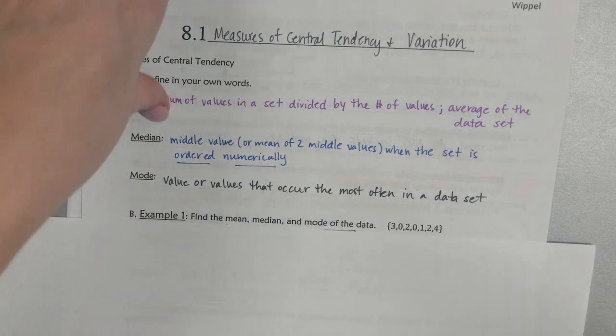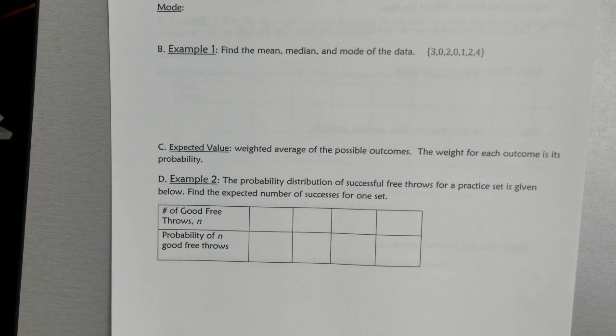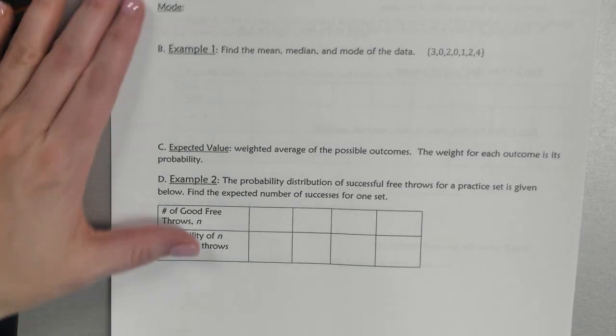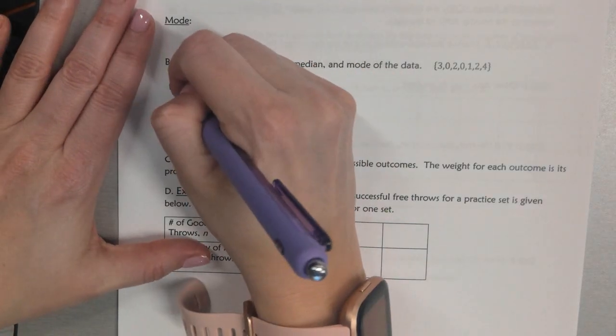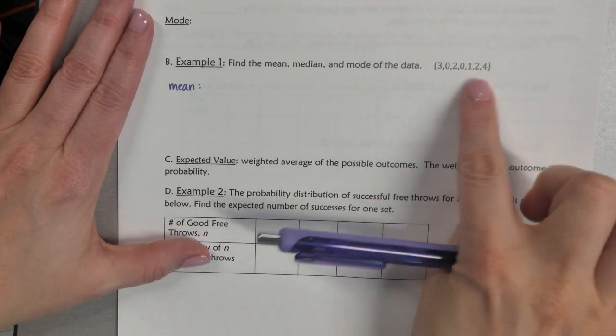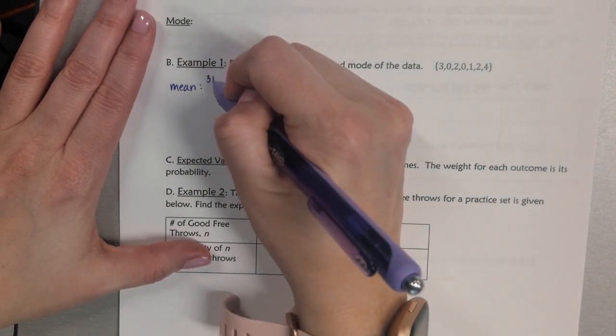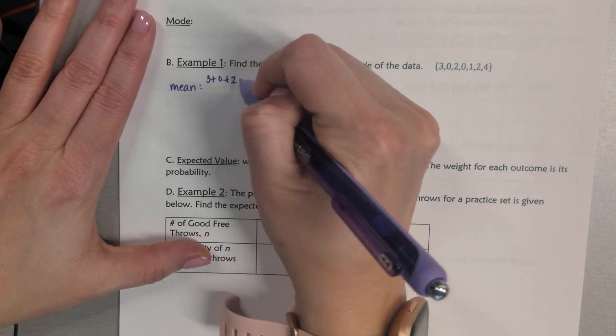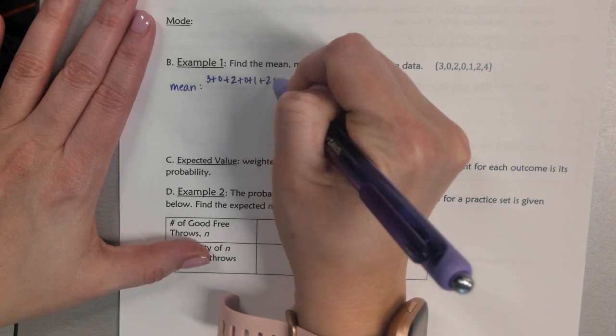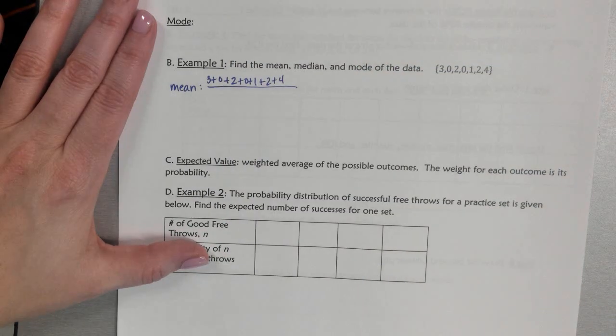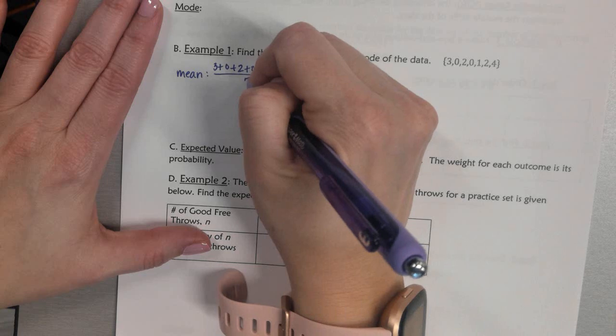Okay, so what were the sum of all of our values? For example 1, what was the sum when we added them all up? Yes, 12. Okay, so when you're finding the mean, we're adding all these numbers together and then dividing it by the total number of terms, and there are 7.